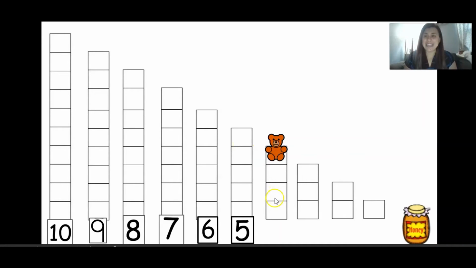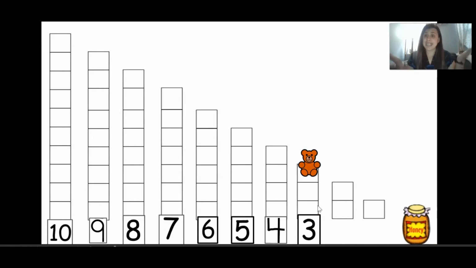What is 1 less than 5? Your teacher's going to pause the video and talk about when Mr. Bear moved, what number is he on now? 4 is 1 less than 5. Now he's on 3. 3 is 1 less than 4.